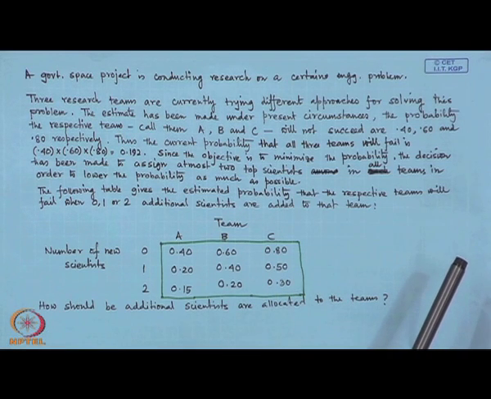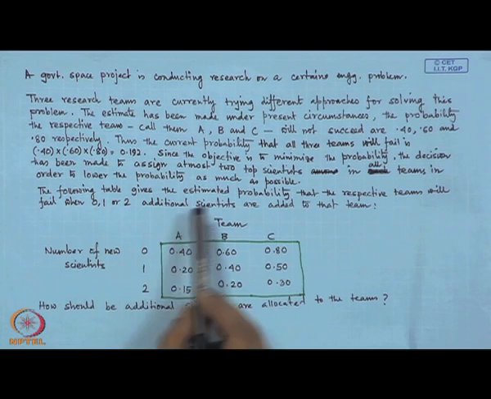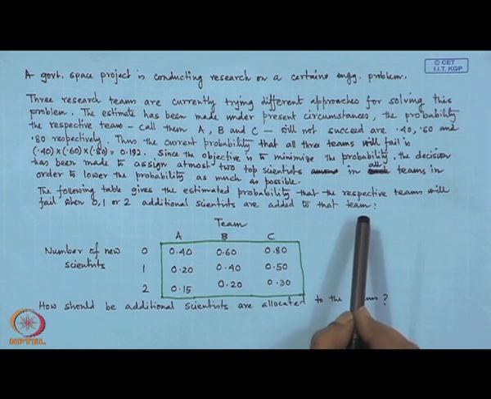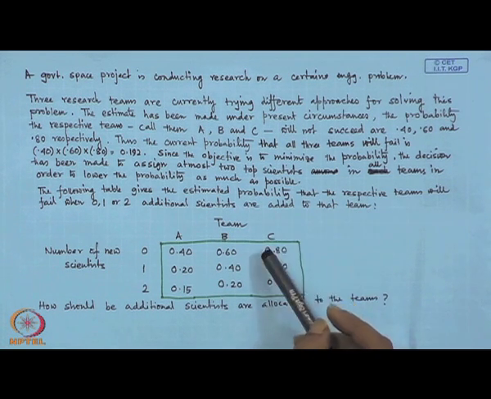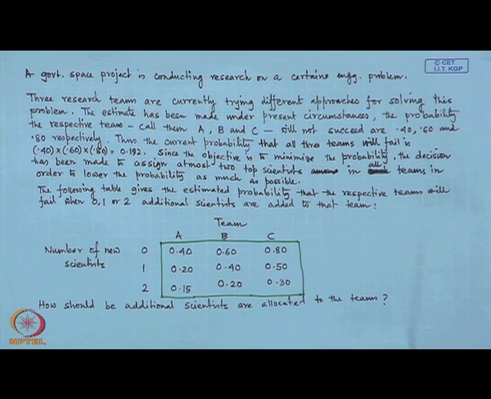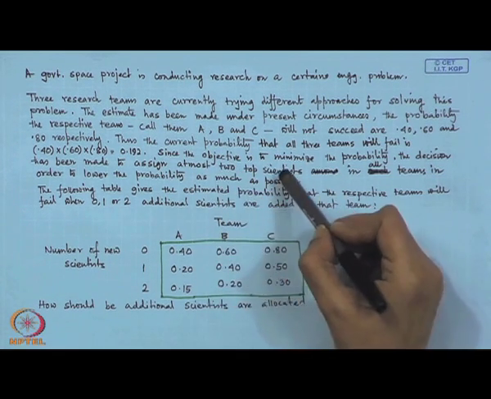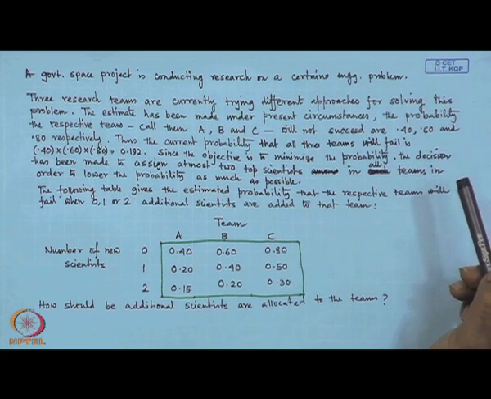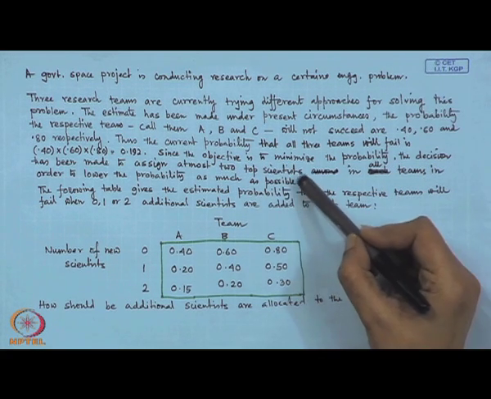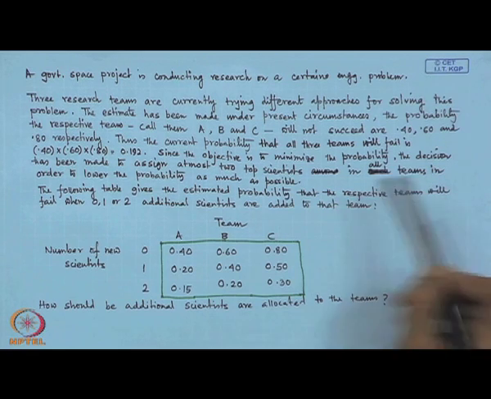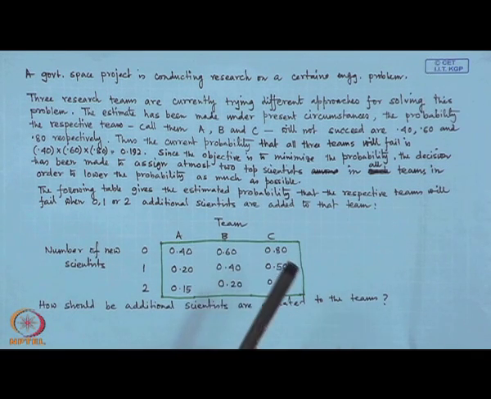Thus, they wanted to introduce a few new scientists in this process, and at the most they can add 2 scientists in 3 teams. Since the objective is to minimize the probability, the decision has been made to assign at most 2 top scientists in all teams in order to lower the probability as much as possible.